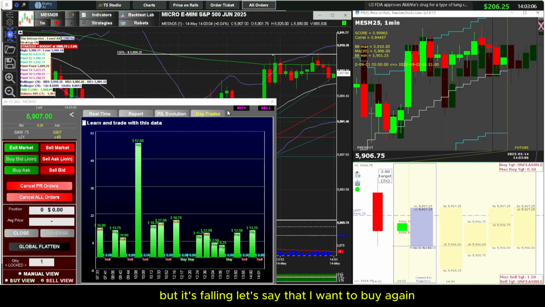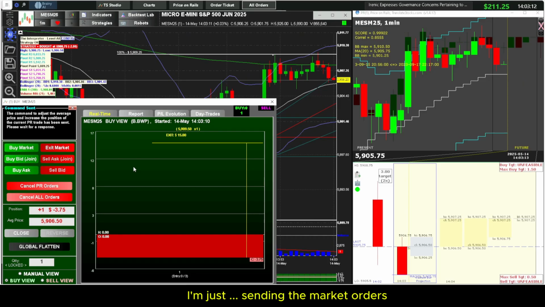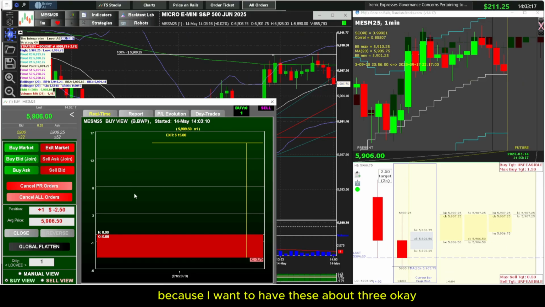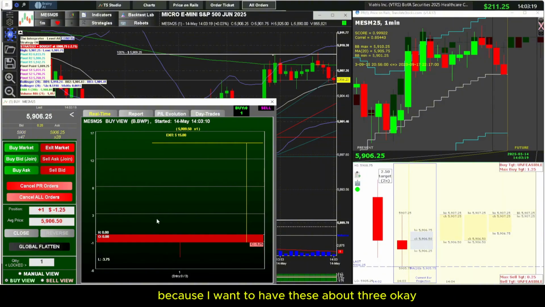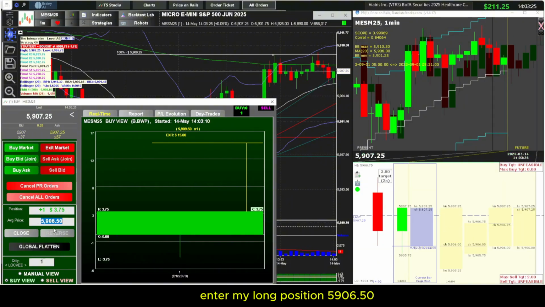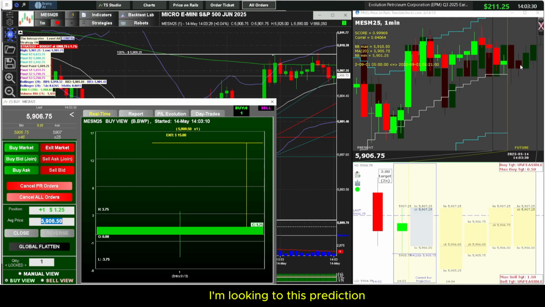But let's say that I want to buy again. I'm using market orders because I want to have the bot trading. Okay, so I make my buy here and enter my long position at 5906.5. I'm looking at this prediction.